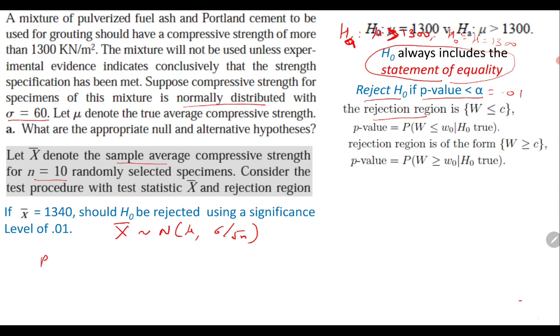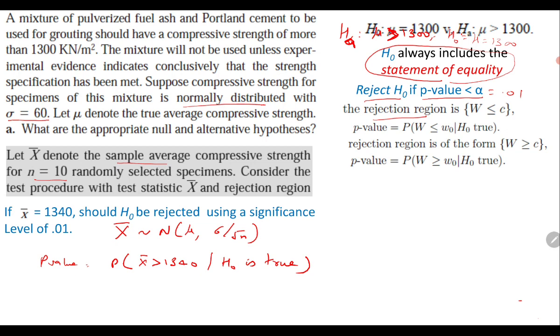So now the p value is when you reject H naught. There are only two possibilities. If X bar is 1340, then for rejecting, it should be greater than 1340, provided H naught is true.